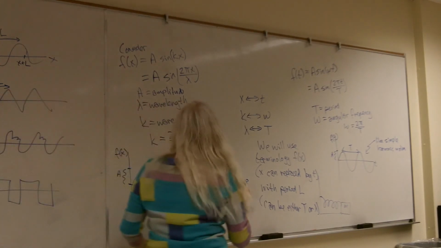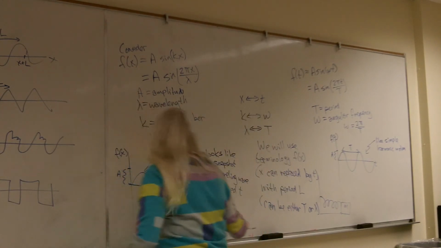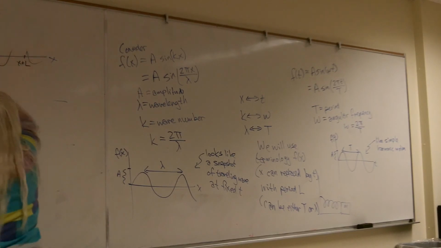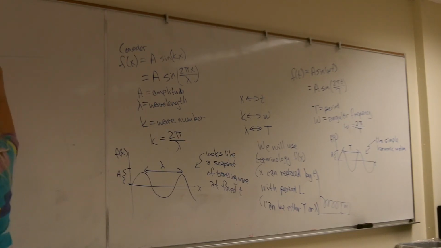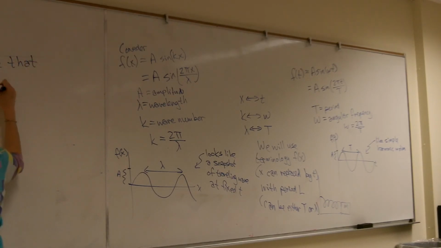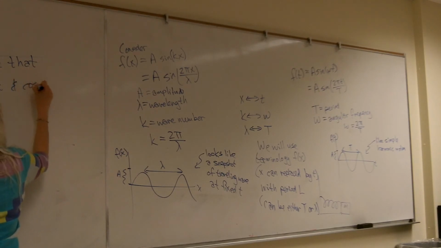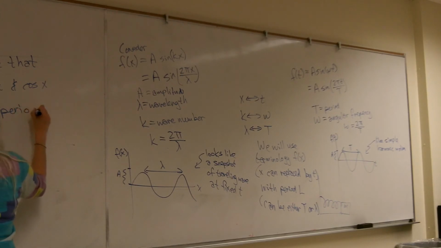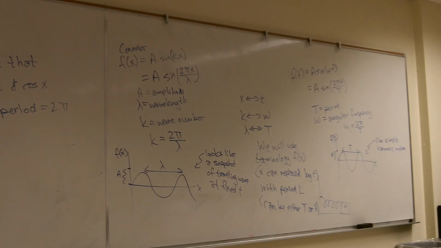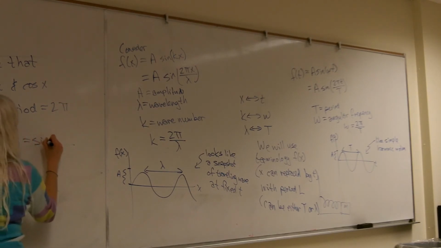By the way, notice that sine x and cosine x have a period equal to 2 pi. Okay? Because the sine of x plus 2 pi is equal to the sine of x.